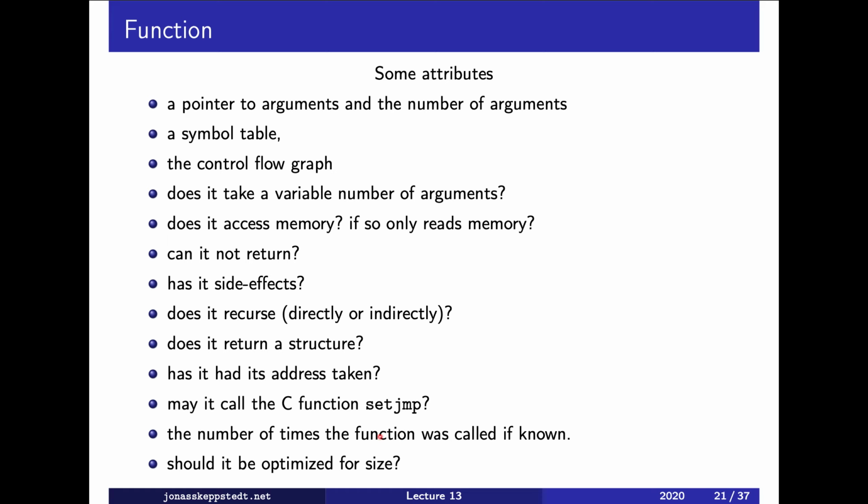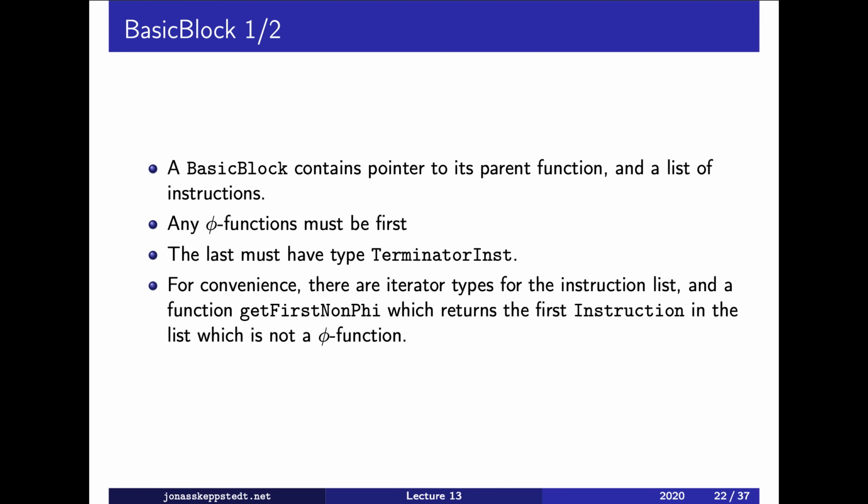Okay, if we have statistics on how many times the function was called, then that is also an important attribute. And if this function should be optimized for size instead of speed, that's also an attribute. Okay, so the class BasicBlock, it has a pointer to the parent function and a list of instructions.